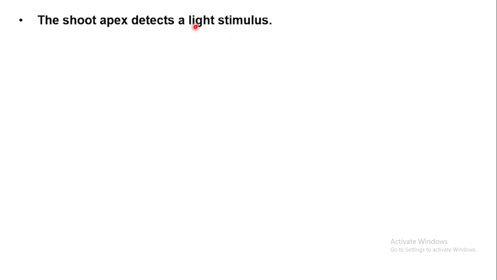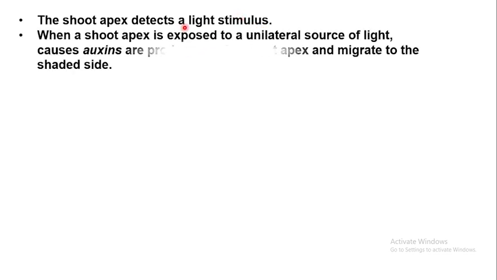Light is one of the stimuli. So when the light falls on a plant, especially on the apex of the shoot, the shoot apex will detect that light. Apex is just the tip of the plant.